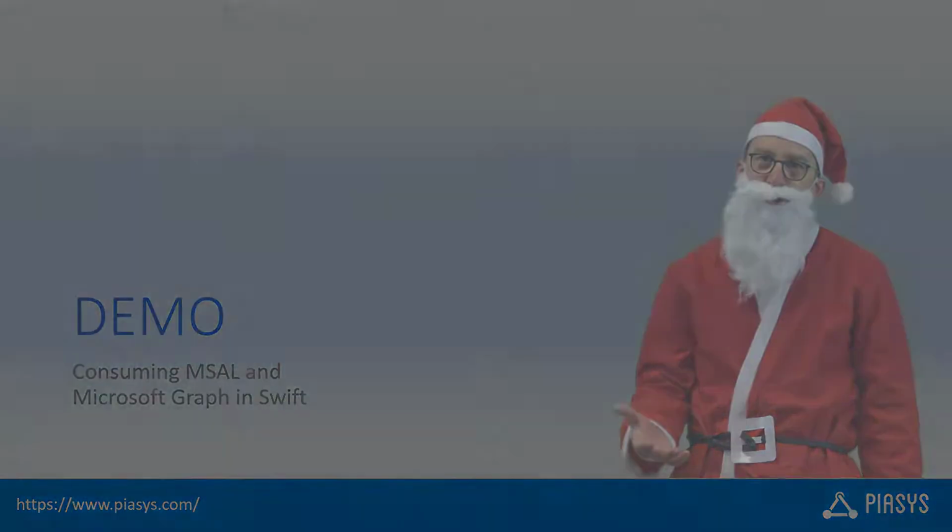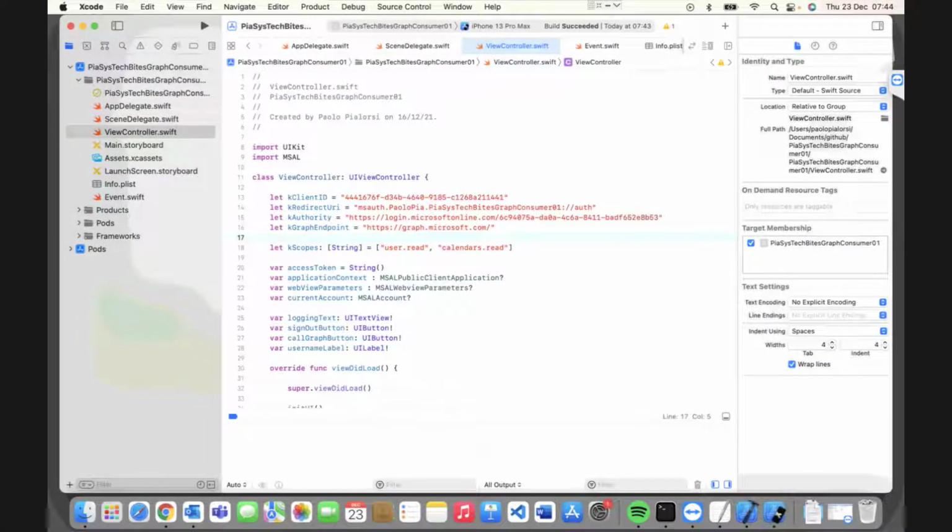So let's have a look at the application with the actual implementation of the code base consuming Microsoft Graph using MSAL to get the access token.